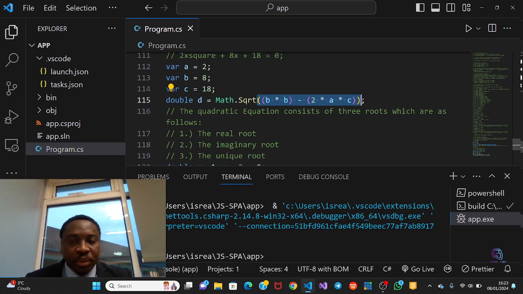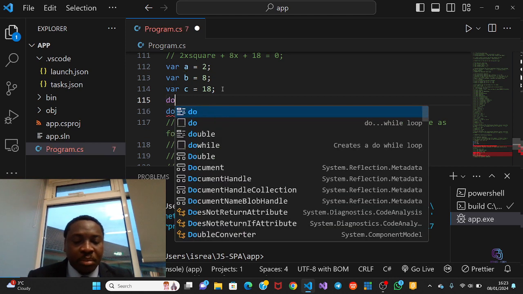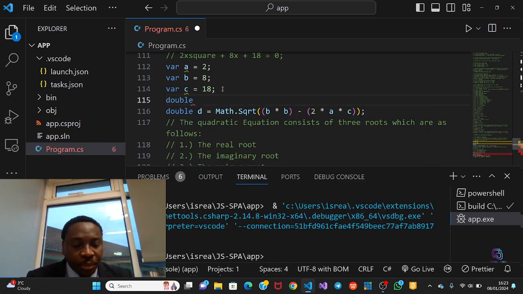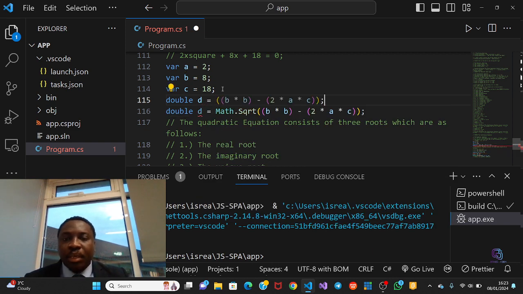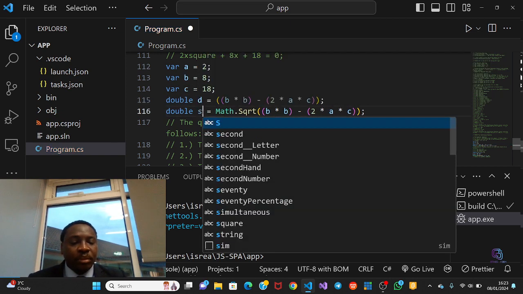Let's pick up the square root and let's give it, let's say, double d is equal to this. Now with this, we now calculate the square root.